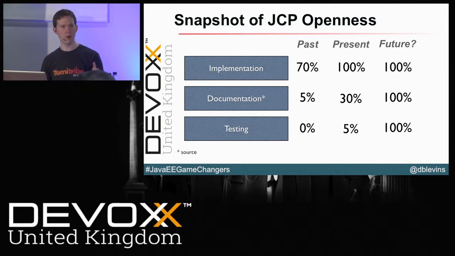For documentation, we're starting to see more projects use things like AsciiDoctor for their actual specifications, their actual text. That's an improvement because a lot of this stuff is held in FrameMaker files that only the spec lead gets to see, so you can't actually contribute text to the specification so easily. So we're actually opening up this process. Of course, in the future, I hope it's 100% open, top to bottom.